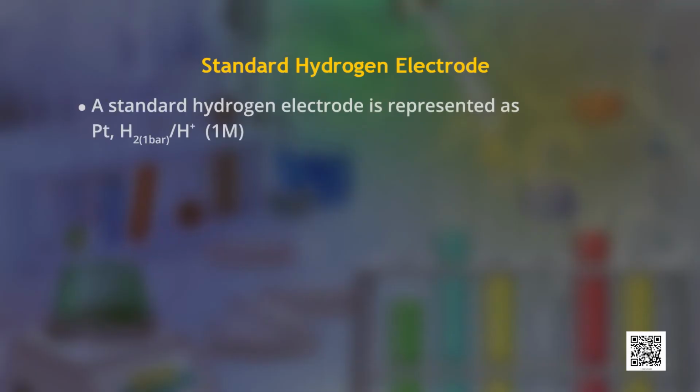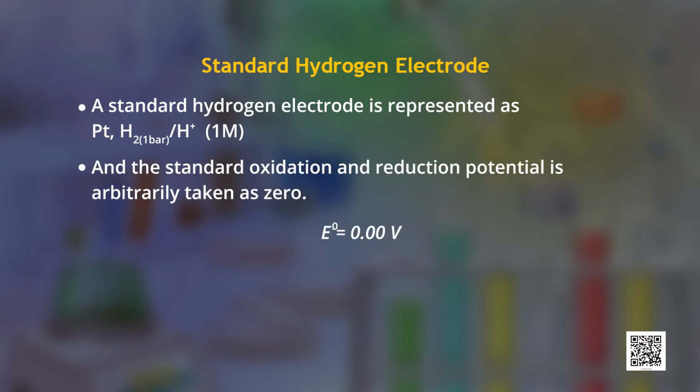It is because of this reason that standard hydrogen electrode is called reversible electrode, as it can act as an anode as well as a cathode. A standard hydrogen electrode is represented as platinum, hydrogen gas at 1 bar, hydrogen ions with the concentration of 1 molar, and the standard oxidation and reduction potential is arbitrarily taken as 0.